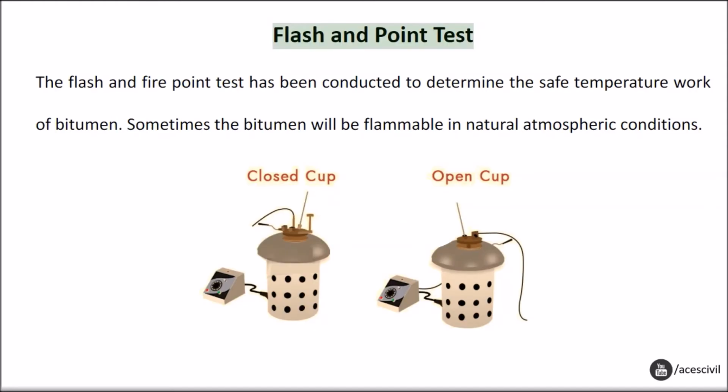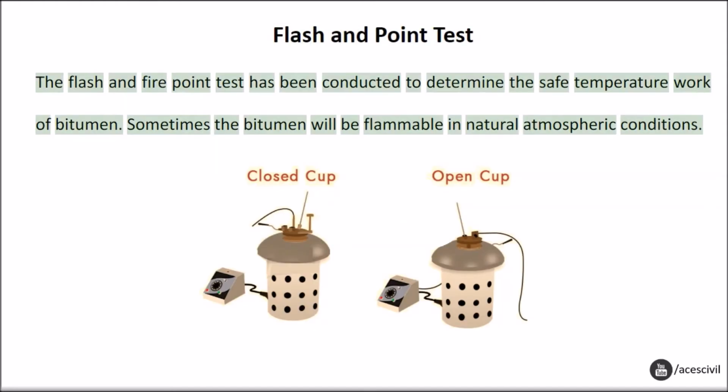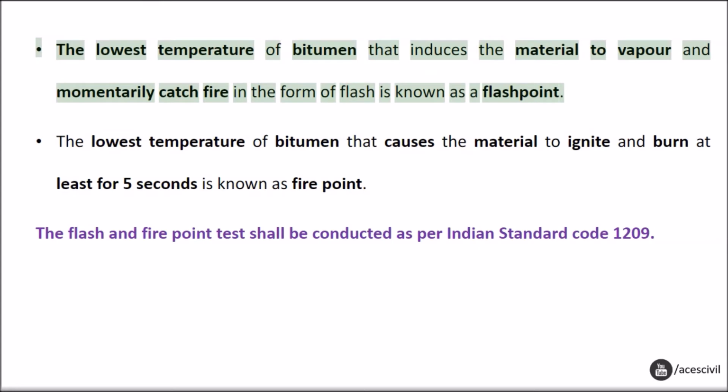Flash and fire point test. The flash and fire point test is conducted to determine the safe working temperature of bitumen. Sometimes bitumen will be flammable in natural atmospheric conditions. The lowest temperature of bitumen that induces the material to vapor and momentarily catch fire in the form of a flash is known as the flash point.